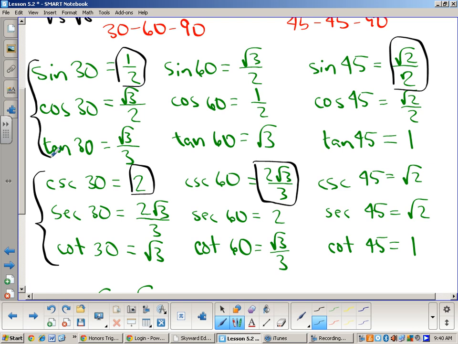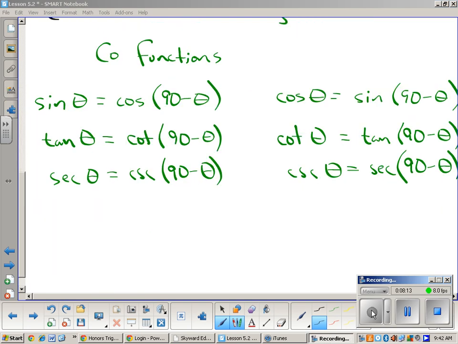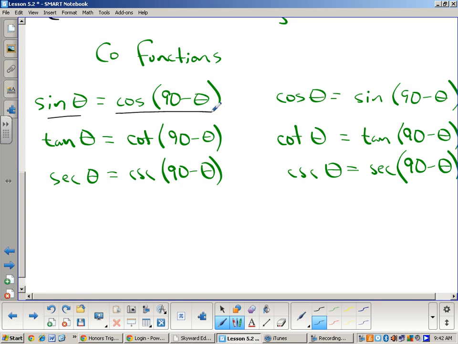Okay, I'll pause this then again so you know. So this is exactly what AJ just made the observation of. The sine of theta will equal the cosine of the complement to theta. And so our example was the sine of 30 is going to equal the cosine of 60.